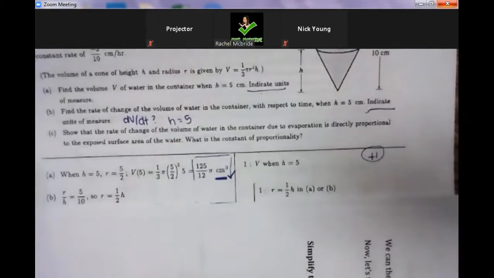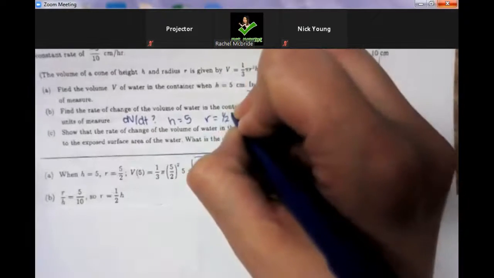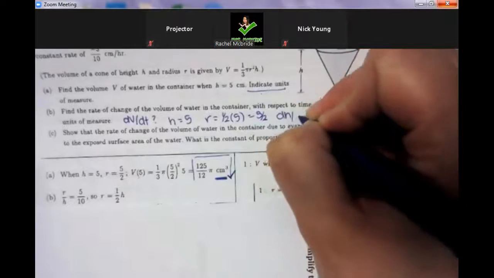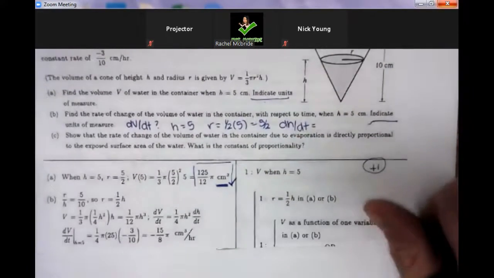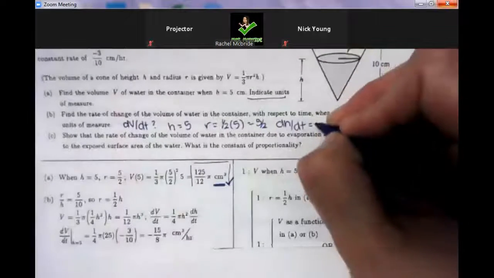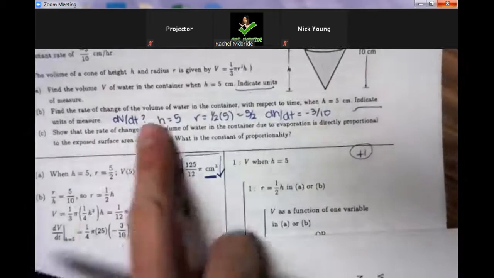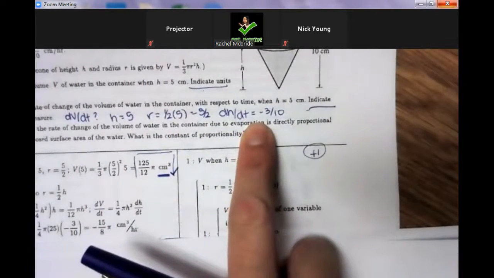If I know h equals 5, then I can find the radius, which is half of 5, or 5/2, and I was given dh/dt from the very beginning. dh/dt was -3/10.